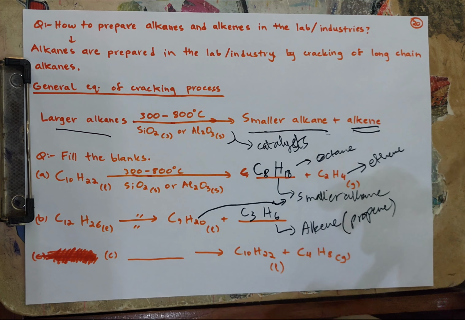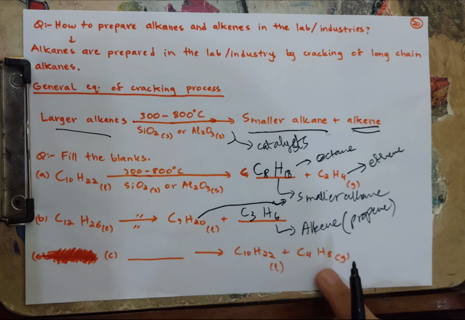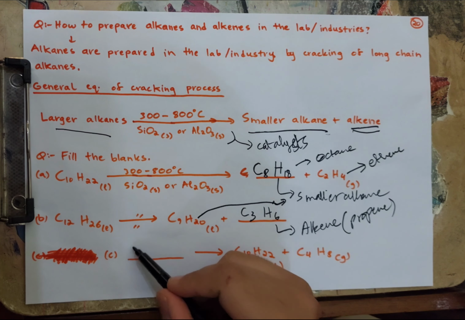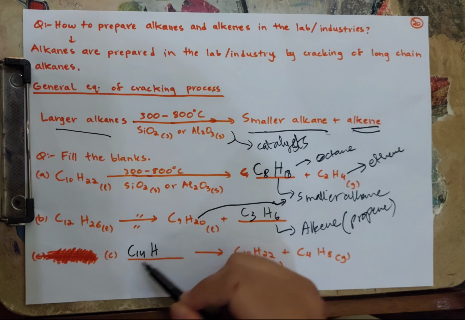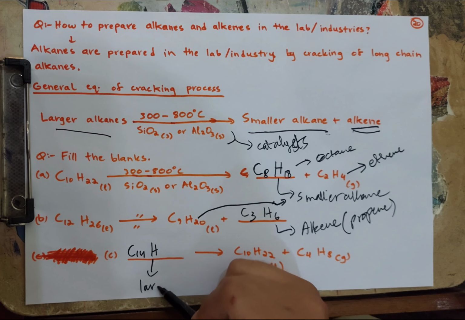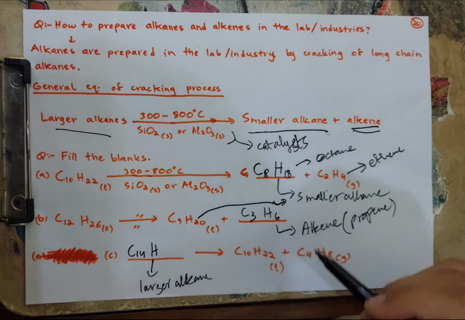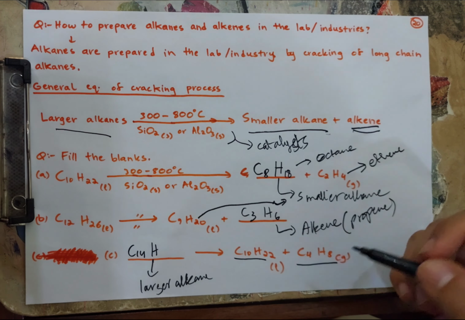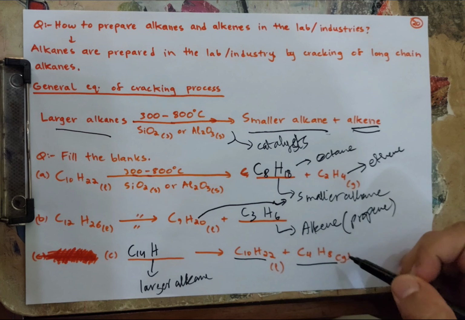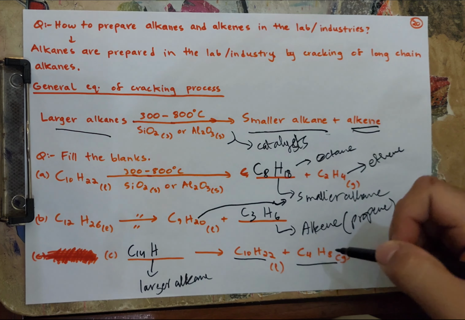Okay, now here it is asking for the reactant, so we are just going to add these carbon atoms, C10 and C4, giving C14, which is the larger alkane. It is asking us for the larger alkane, as we have been given the smaller alkane, which is decane, and this alkene, which is butene.